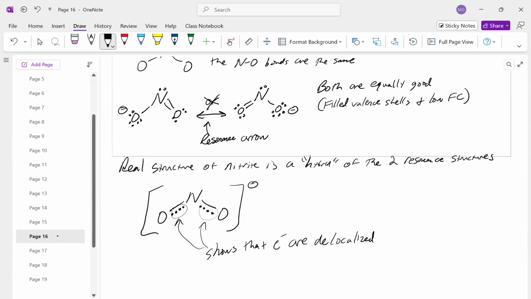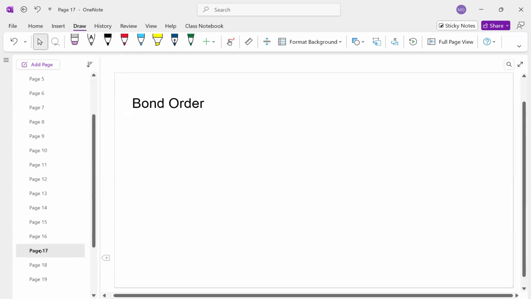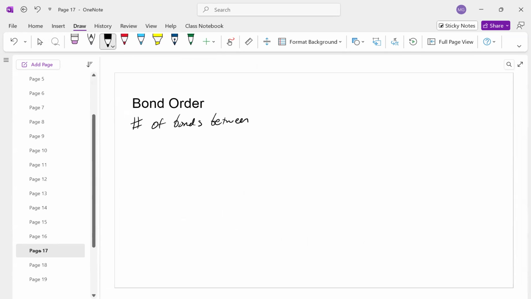And that leads me to the last foundational concept before we get into drawing Lewis structures, and that's bond order. Now, the simplest way to look at bond order is the number of bonds between two atoms. So if you have something that has a single bond, like chlorine, the bond order, or BO, is 1.